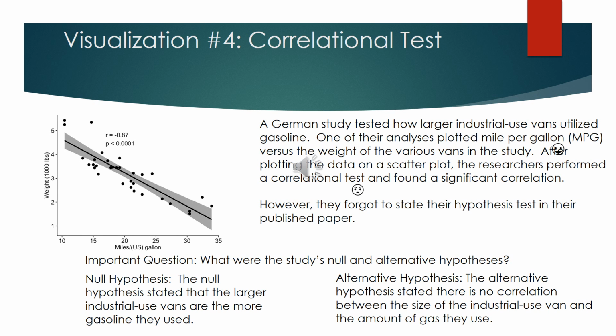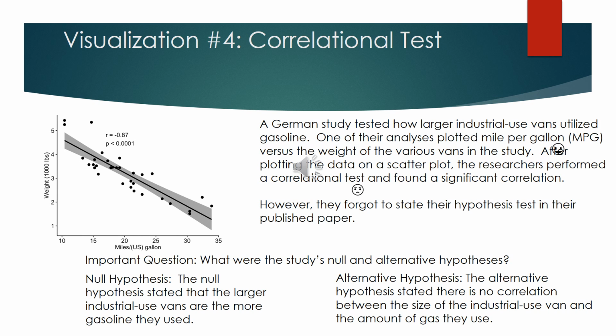So what's the important question here? What were the study's null and alternative hypotheses? The null hypothesis stated that the larger the industrial use vans are, the more gasoline they use.